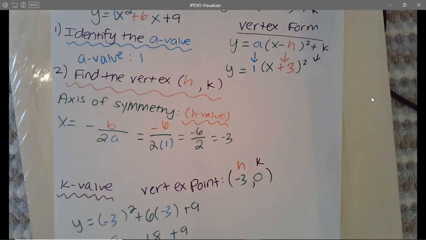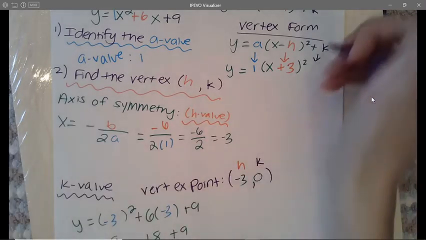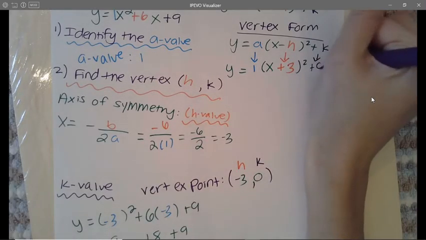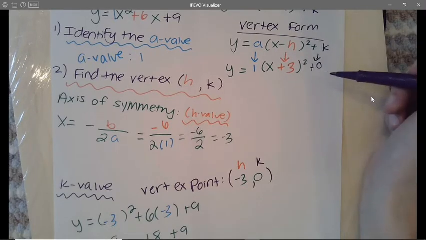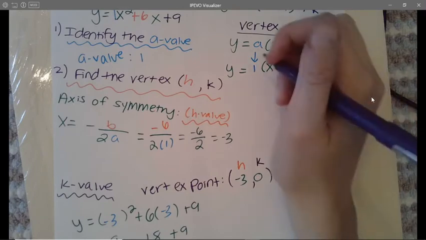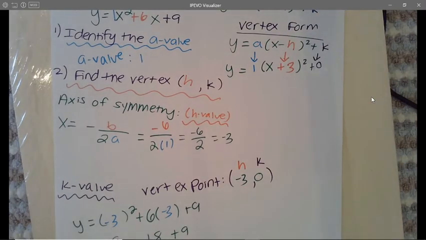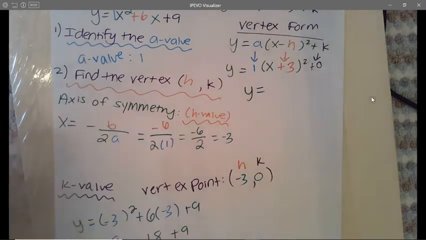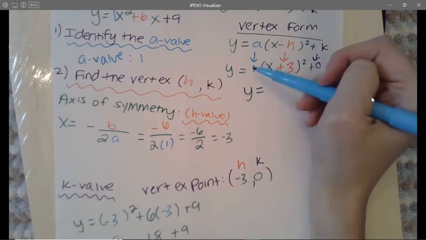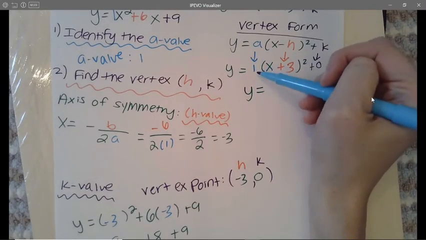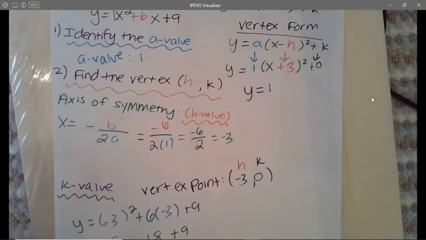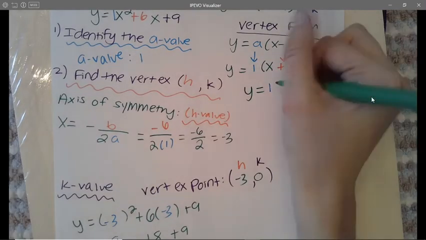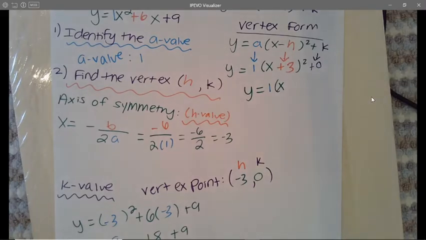And then k is 0, so you could put +0 on the end, but whenever you add 0 to a number, it doesn't really change it. I could technically rewrite this as y equals, and you also don't have to list the 1 in front because 1 times anything is itself. I'm going to list it just to keep it there, but you don't have to. So then we have (x plus 3).